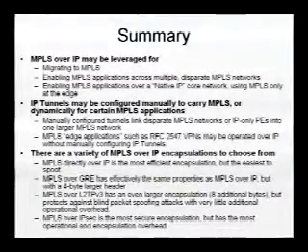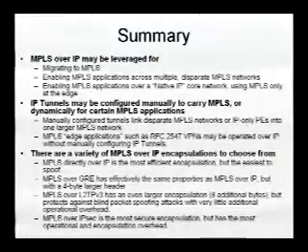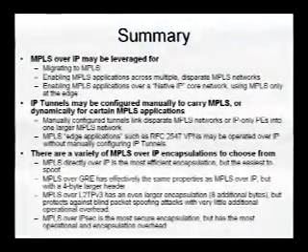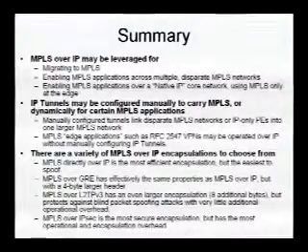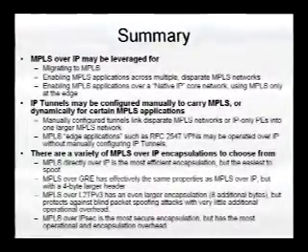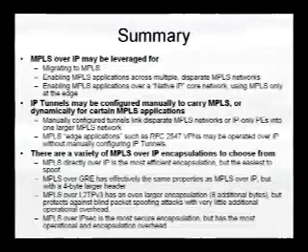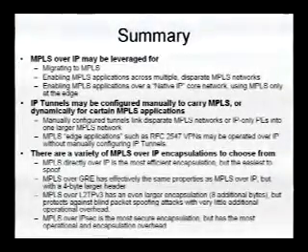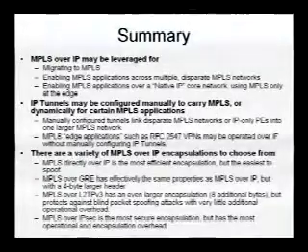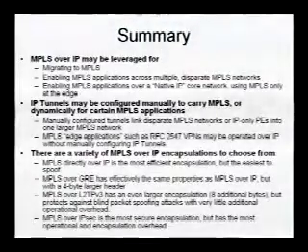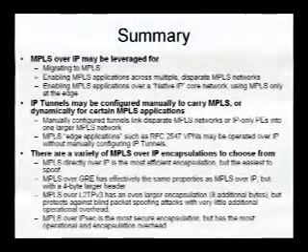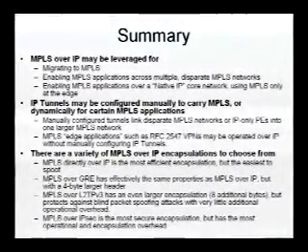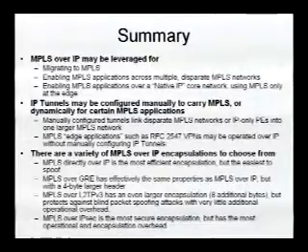So IP tunnels may be configured manually with just a basic GRE tunnel, or to carry MPLS for a variety of applications, or dynamically to turn on certain MPLS applications. The manually configured tunnels actually just look like a link, so it makes your MPLS network grow larger. However, edge applications such as 2547 VPNs may be operated over IP without manually configuring IP tunnels if you use the BGP tunnel SAFI that we talked about.